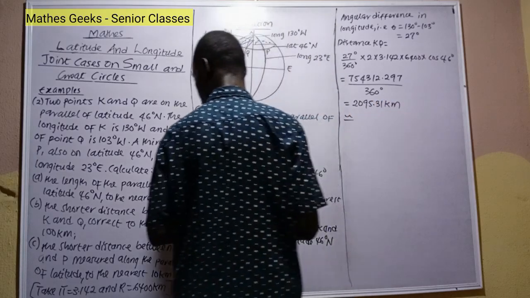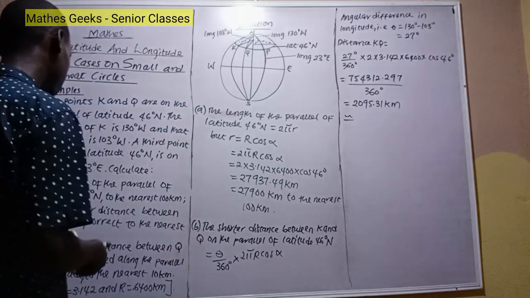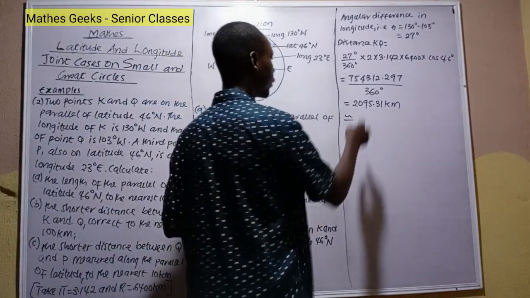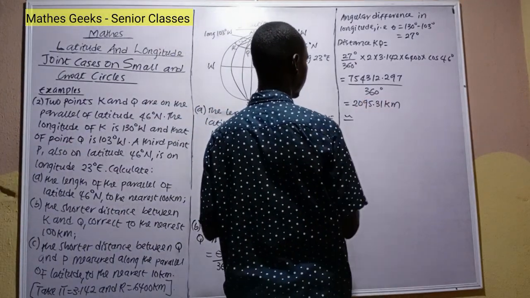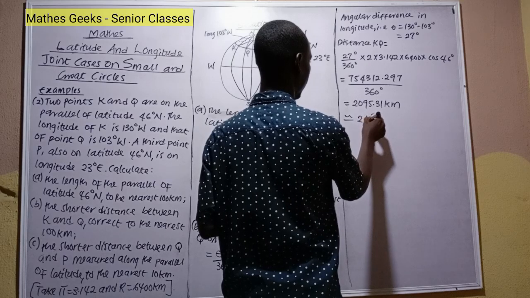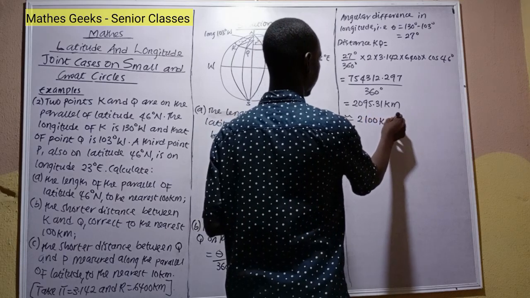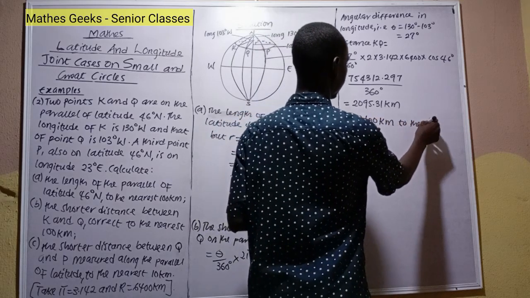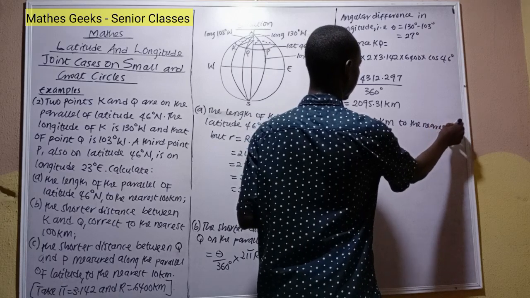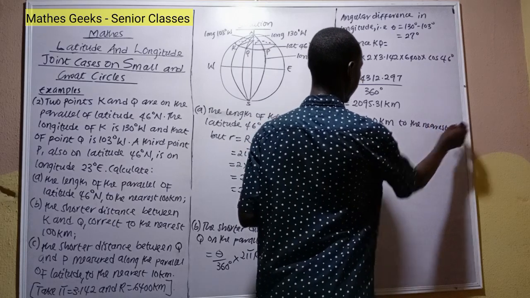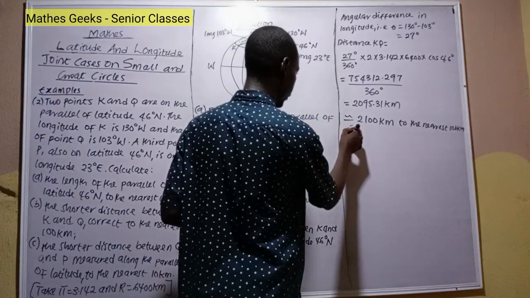Approximately to the nearest 100 kilometers, so unit times 100, that is 2100 kilometers to the nearest 100 kilometers. Okay, that's the answer.